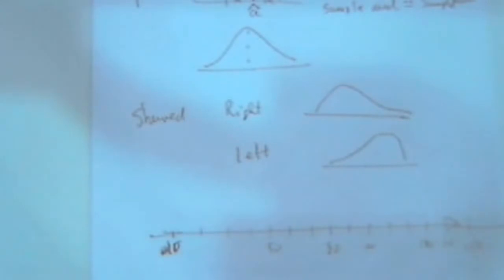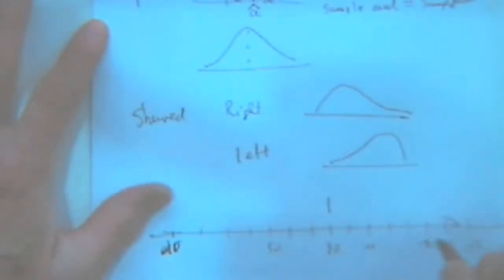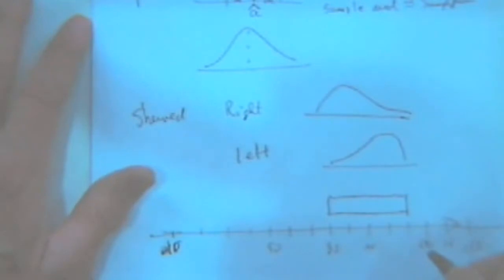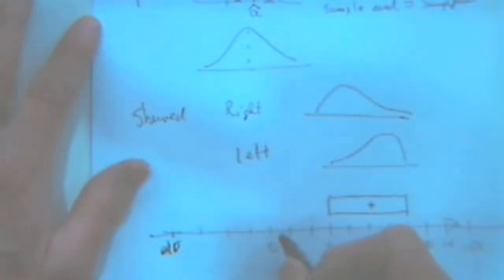Put the box in first, 80 to 120. Go to the median, 125. And then draw the tail to the lower adjacent point, which is 52.